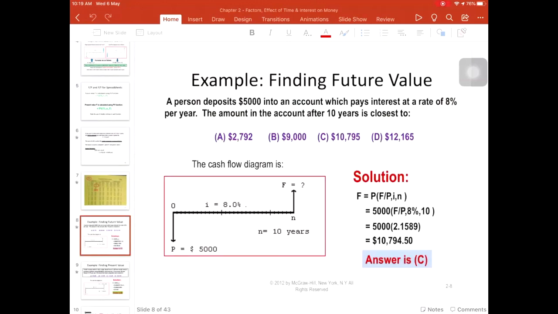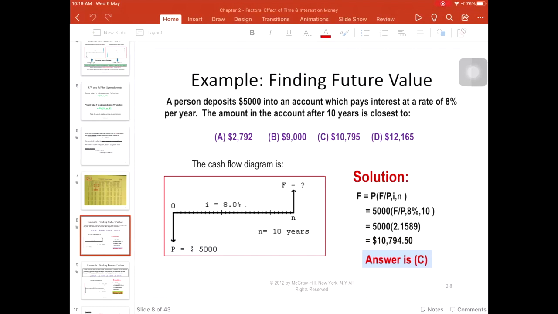So, for example, finding the future value. That means that you have to find F. A person deposits 5,000 ringgit into an account which pays interest at a rate of 8% per year. The amount in the account after 10 years is closest to? The first thing you have to do is draw the cash flow diagram. We know that P is given.